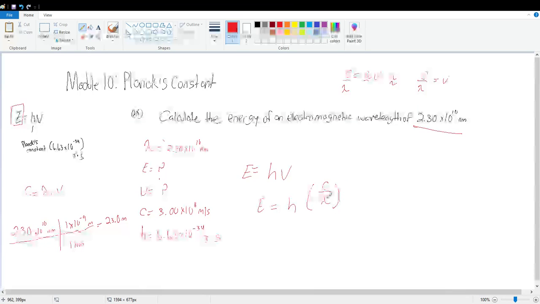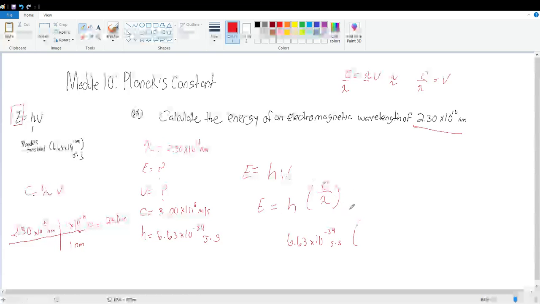Then we should have everything to solve this problem, so we just plug in the values now. We have 6.63 times 10 to the negative 34 joules times second, and then we plug in our values: 3.00 times 10 to the 8th meters per second divided by 23 meters, as we converted earlier.